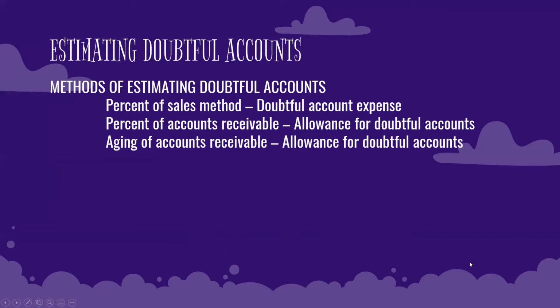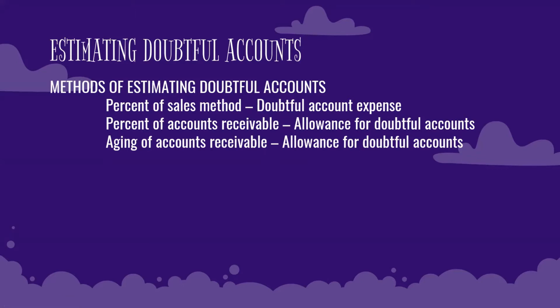Now, what are the methods of estimating doubtful accounts? Number one, we have the percent of sales method. If this is the method to be used, then this will go straight to the doubtful account expense. Next, we have the percent of accounts receivable.